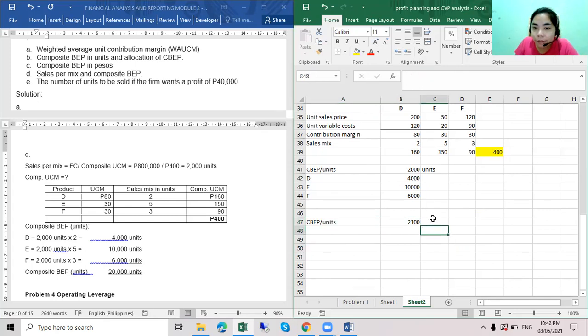If you want to check, we have this composite break-even point in units of 2,100.